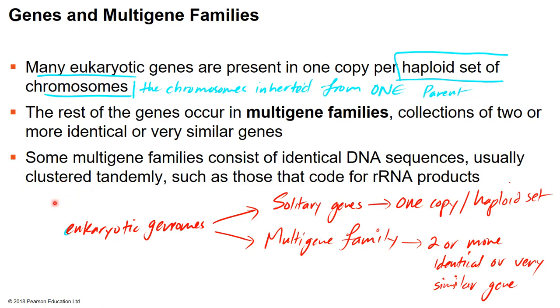Tandemly means they are found within the genome clustered, grouped together, one following one. Okay. An example of clustered and tandem multi-gene families is the gene family of the rRNA genes.